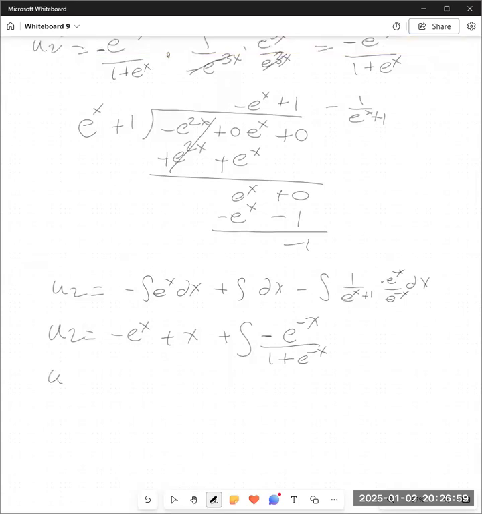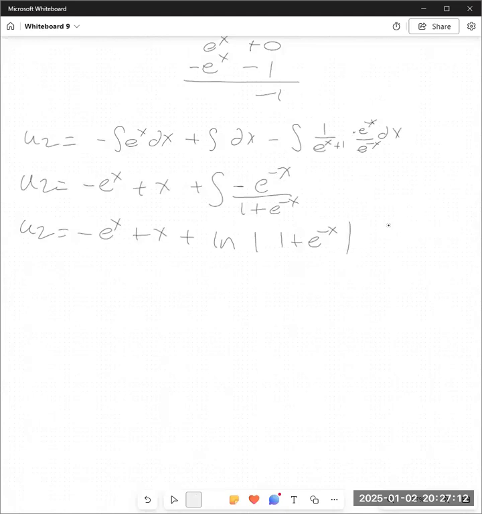So that becomes u2 is negative e to the x plus x plus ln of 1 plus e to the negative x, which I'm going to turn into ln of e to the x plus 1 over e to the x, just multiplying top and bottom by e to the x.